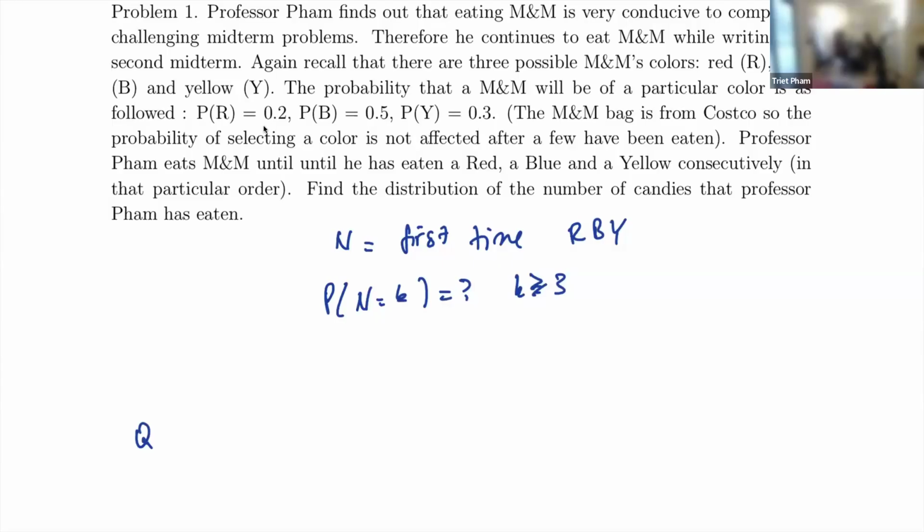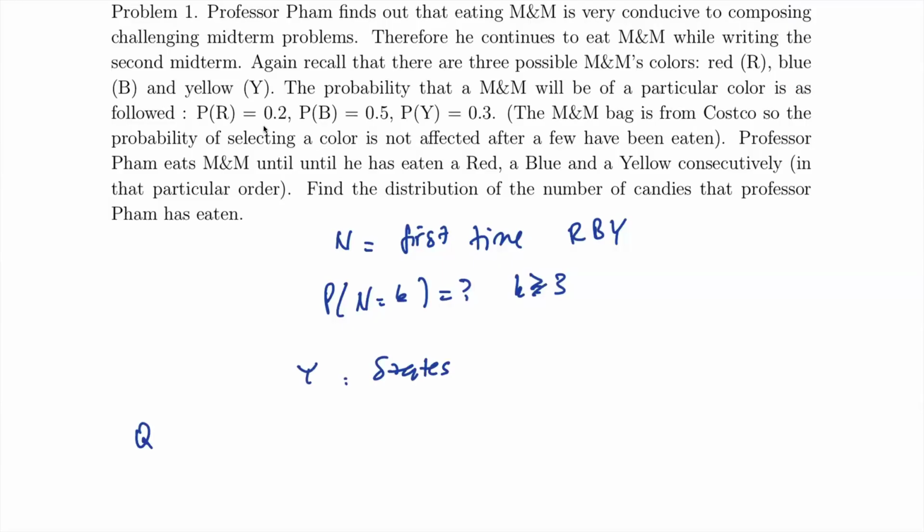So what states do we have here? Well, the pattern states are R, RB, and RBY, then we have to consider how we want to treat the no pattern case.